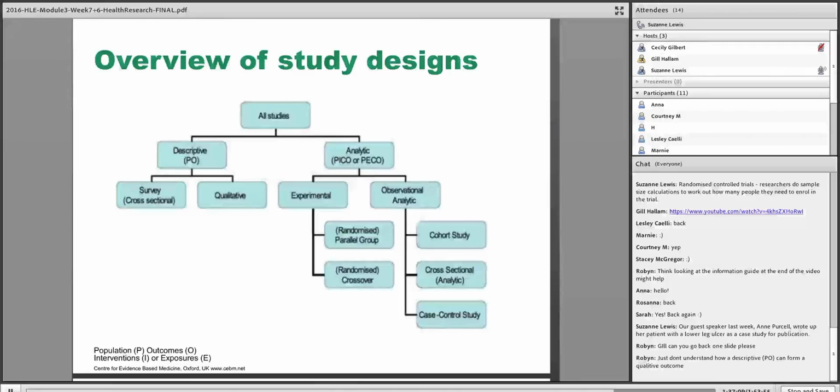The descriptive ones are just where the researcher is observing and describing what they observe. So in terms of the PICO elements, the researcher is just looking at a defined population and some possible outcomes.